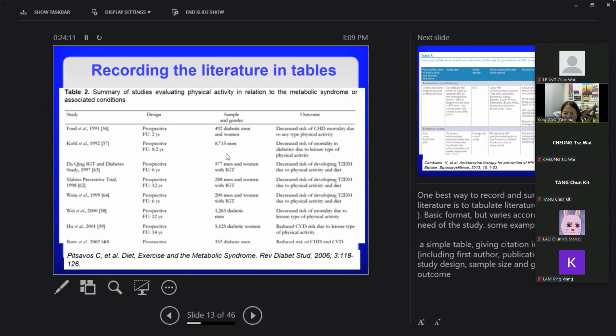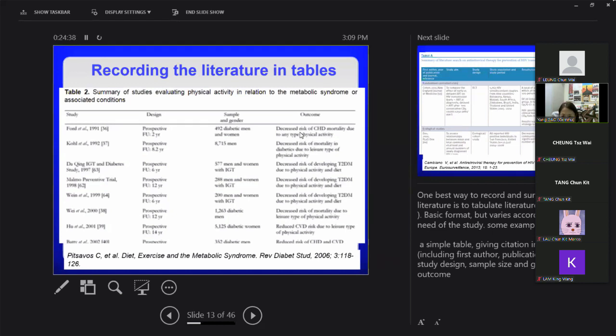So this table also needs to identify the gender. Here you can see the first study is mixed, which means it involves both male and female, and the second one was female only. Outcome usually is the main findings of the study.